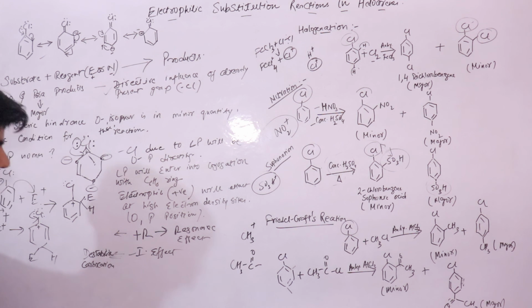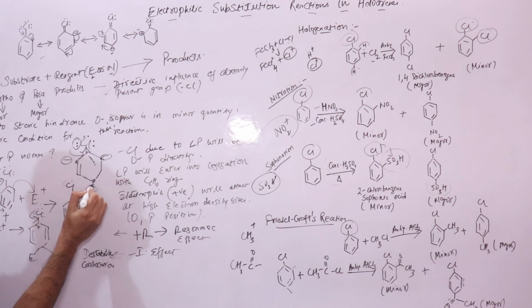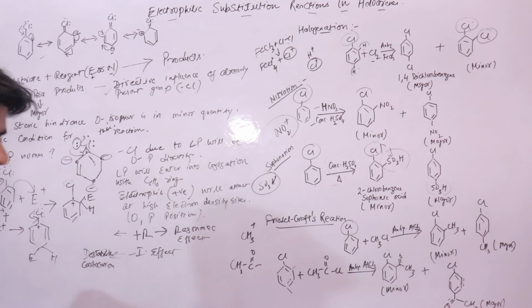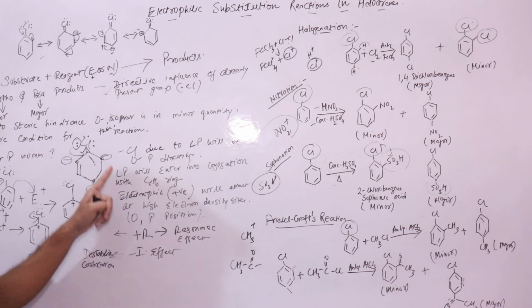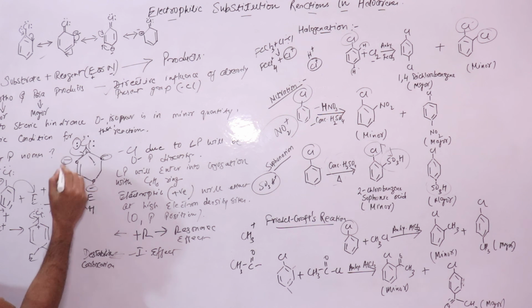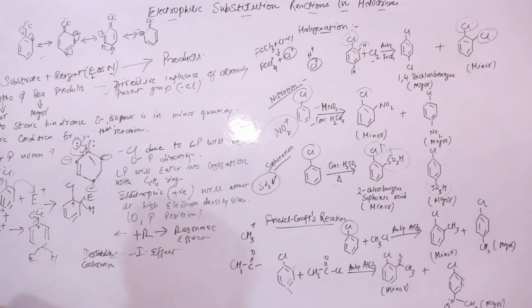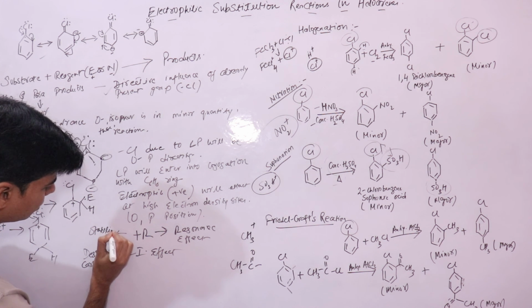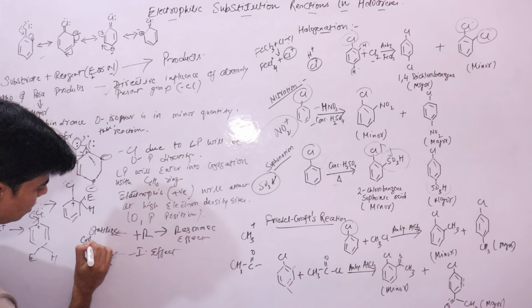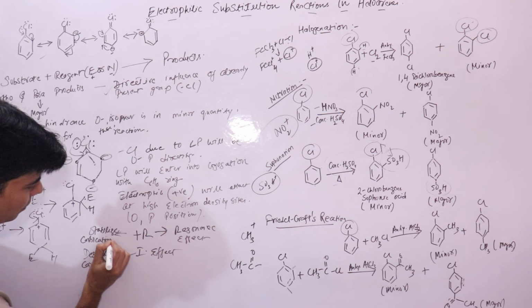And the plus R effect, the resonance effect, will stabilize it, because due to the plus R effect your electron density or negative charge is increasing at the ortho and para positions. Since it is increasing the negative charge on the benzene ring, that means it will lessen the positive charge of this carbocation. So it will stabilize this carbocation, right?